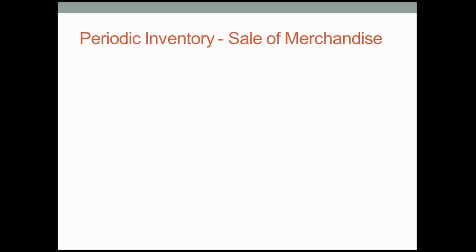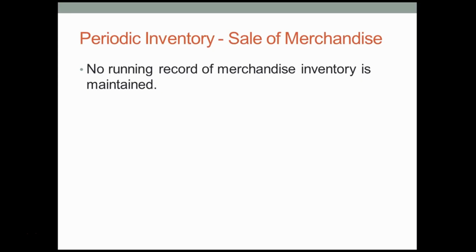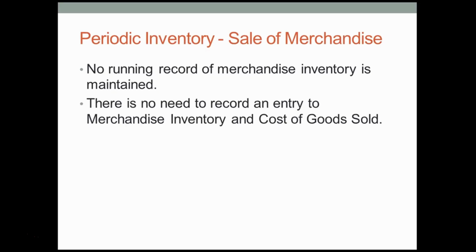For the sale of merchandise, there are some pretty important differences. There's no running record of merchandise inventory which is maintained, so our journal entry for when we sell inventory is going to be different. There's no need to record an entry for merchandise inventory and cost of goods sold.